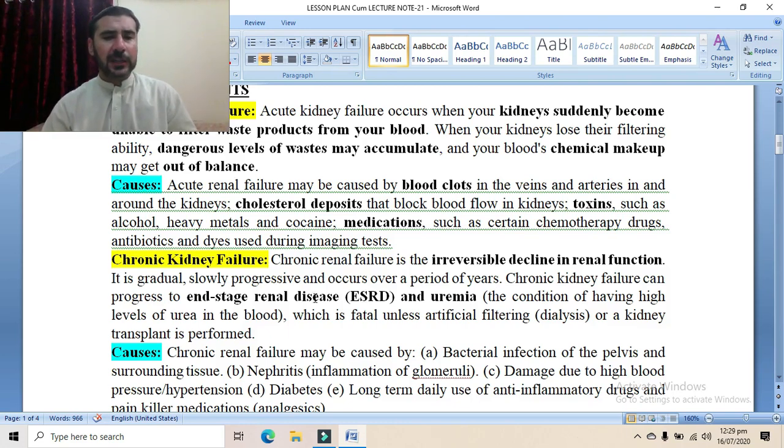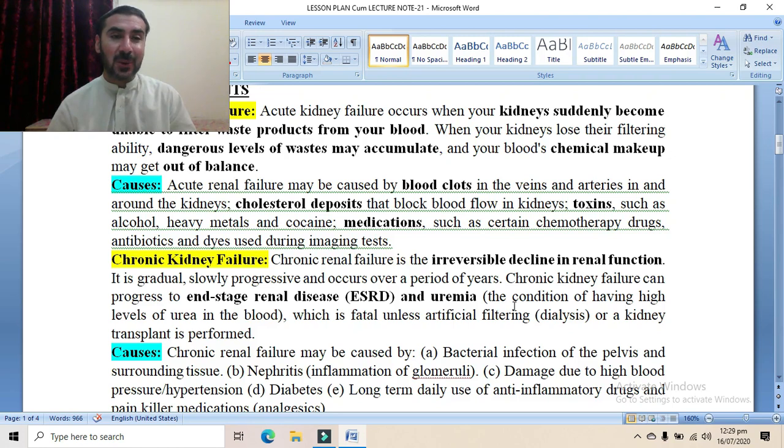Chronic kidney failure can progress to end-stage renal disease, ESRD, and uremia. Uremia is the condition in which the blood level of urea increases several folds. And why will it increase several folds? Because for a long time the kidney filtration unit is not properly working. The nephrons are not properly working.